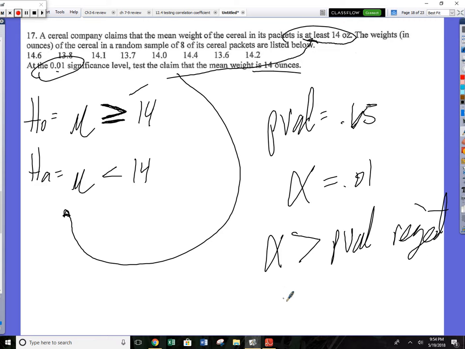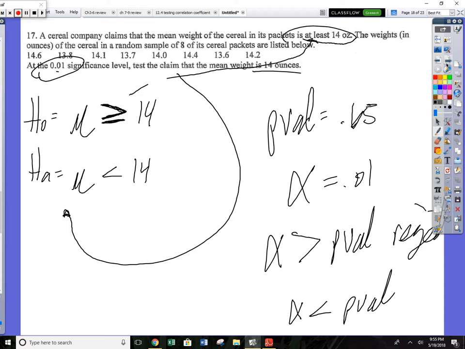It turns out that my alpha is way less than my p-value. So that means I have to go back to the drawing board. There is not enough evidence to conclude that I need to reject the null. So I probably have to increase my sample size. We are not rejecting the null just yet.